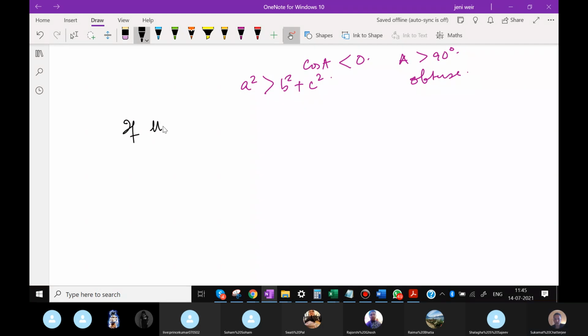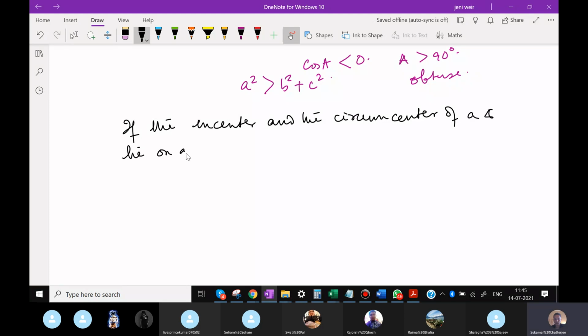If the incenter and the circumcenter of a triangle lie on a straight line, then the triangle will be what?